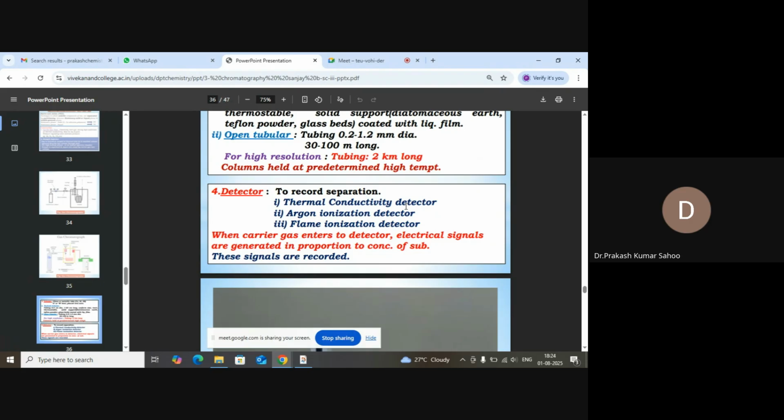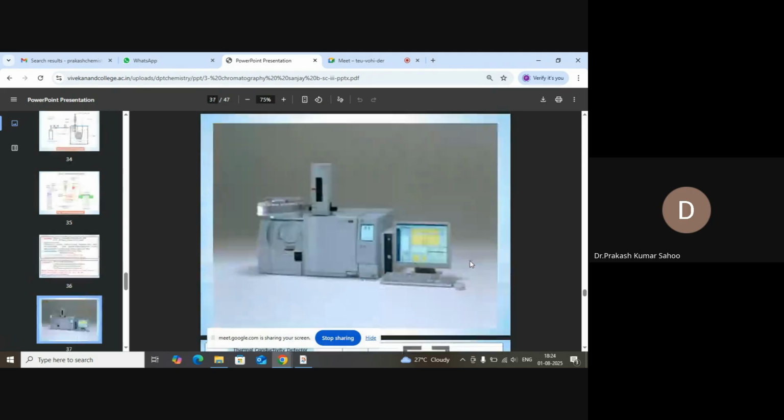So when the vaporized sample is allowed to pass through that column or the stationary phase, in the detector, some electrical signals are obtained depending on the concentration of the substance that gets separated from the sample. So these signals are recorded.